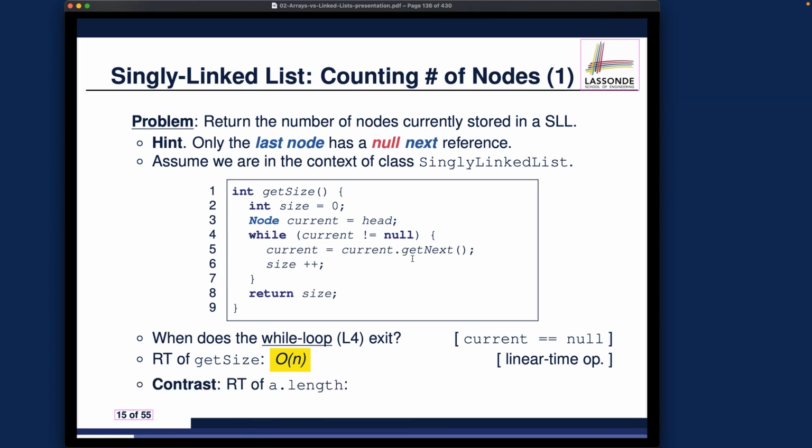Now, in this case, when we only have the attribute for the head from the singly linked list, inquiring about the size will unavoidably need to be linear because we have to start with head and go all the way to when we can see the null reference by the next reference, right? So you want to contrast these two performances clearly. All right, let's now move on to the next problem.